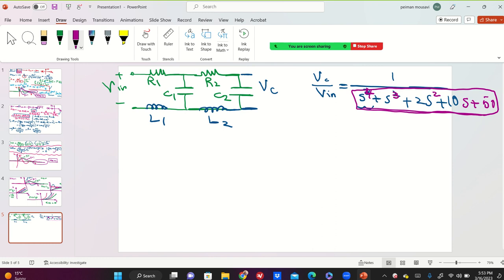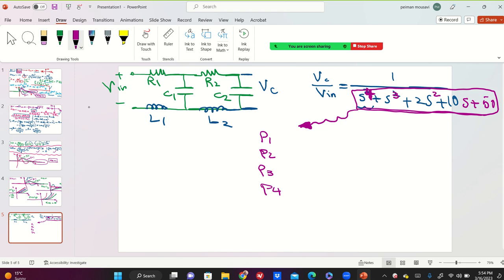So how many poles does this system have? I told you how many poles? P1, P2. How many is the order of this system? 4. Look at the equation in high school. A fourth order equation has 4 poles. P4.